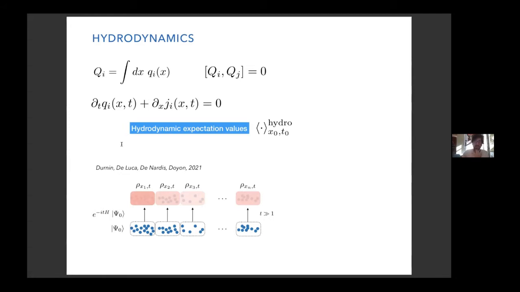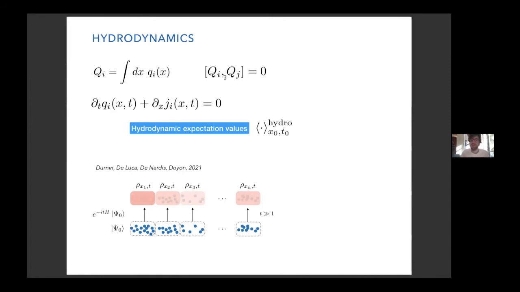But basically the idea is that we have a system with a set of local conserved quantities, which means that conserved quantities can be written as an integral of some densities, which are operators that act non-trivially only on some region of the system.